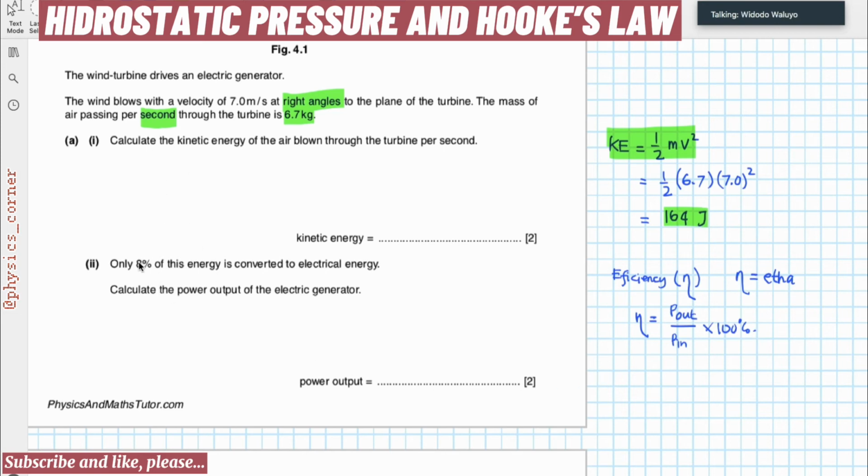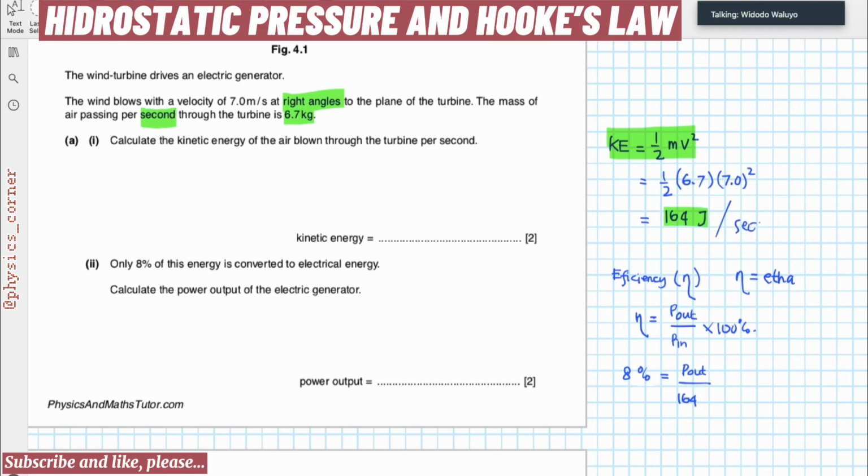So it means 80% is P output divided by P input. Okay, this is per second, turbine per second. It means joule. This is like 164, this is already per second.